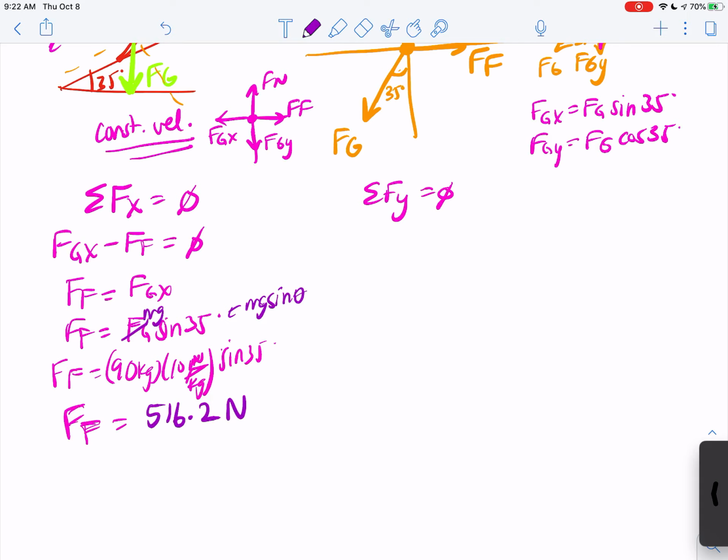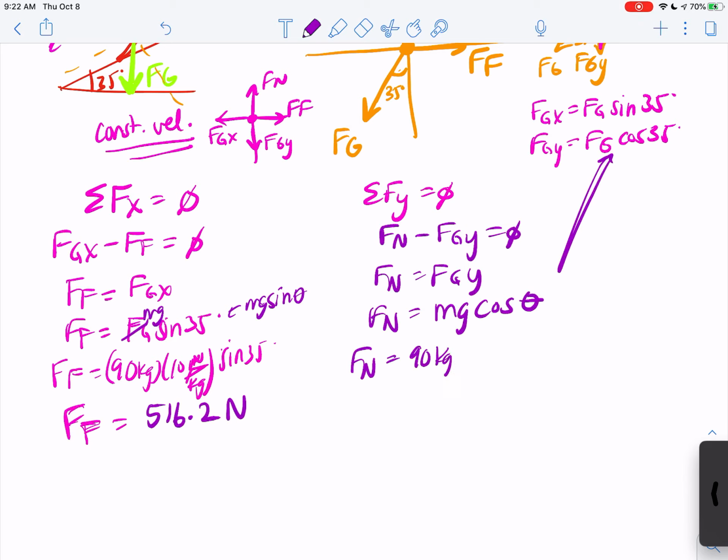If I do the same thing in my y direction, I'll have Fn minus Fgy equals 0. So if I want to solve for my Fn, it's going to be Fgy. That's going to be mg cosine theta, which is what I have right there.